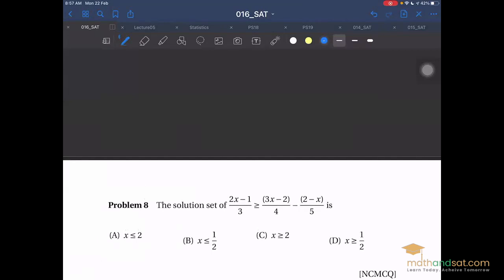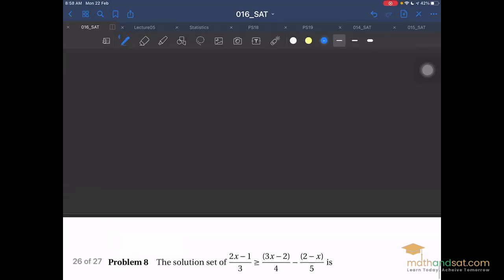We have (2x minus 1) by 3 greater than or equal to (3x minus 2) by 4 minus (2 minus x) by 5. Okay, that's a very good question. There are fractions involved, so you just have to simplify these expressions. Let's see how this can be done.